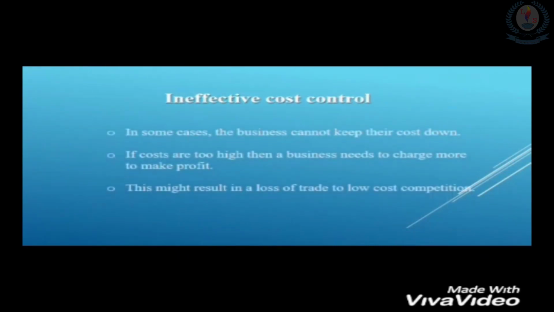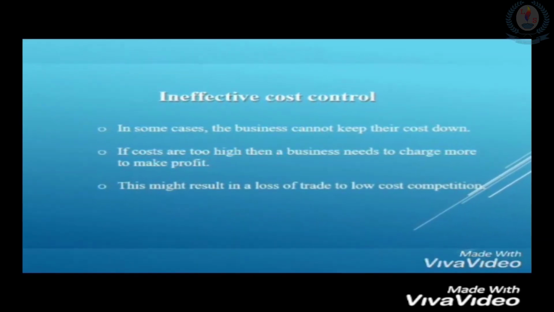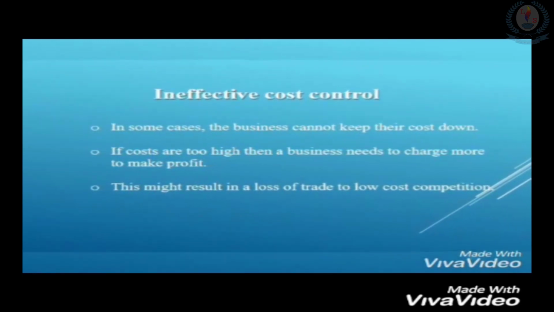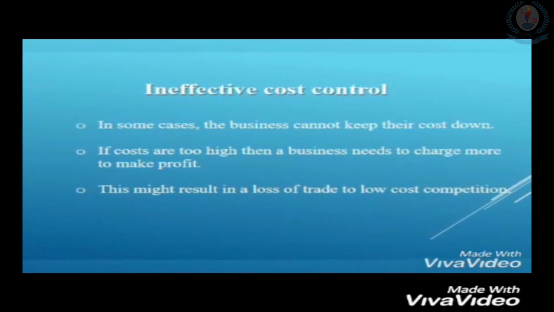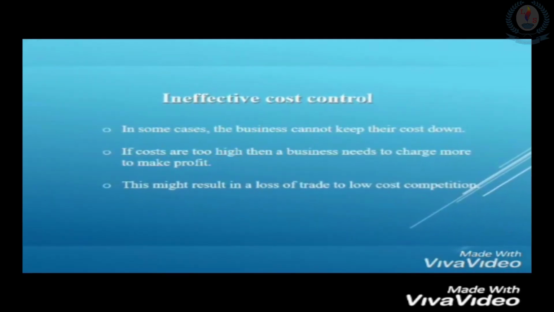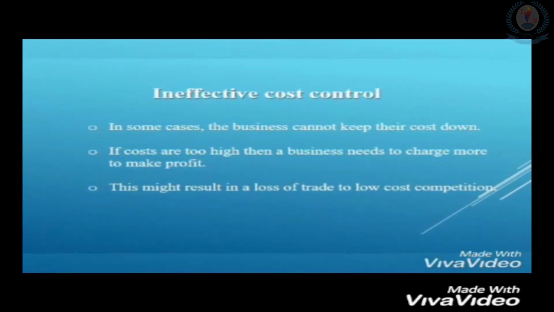And then the second one is ineffective cost control. In some cases, businesses cannot keep their costs down. If costs are too high, then a business needs to charge more to make a profit. This might result in losses of trade to the lower cost of the competitor.